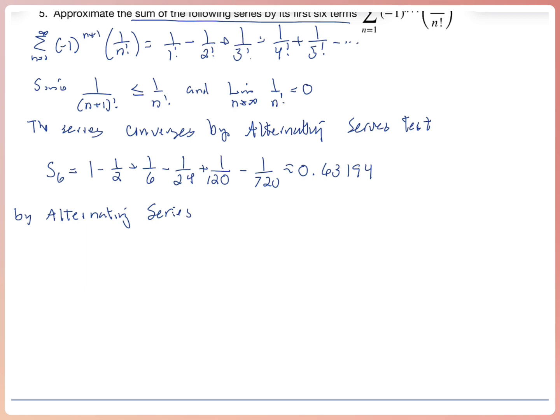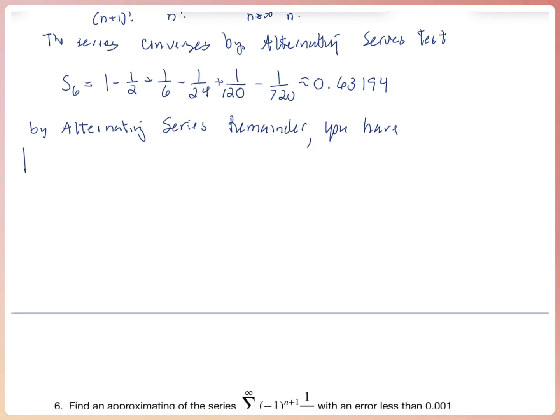And so by the alternating series remainder, you have the following formula. The absolute value of our sum minus our partial sum is equal to our remainder of the sixth term, which is less than or equal to a sub 7. Okay, so we need to know what a sub 7 is.